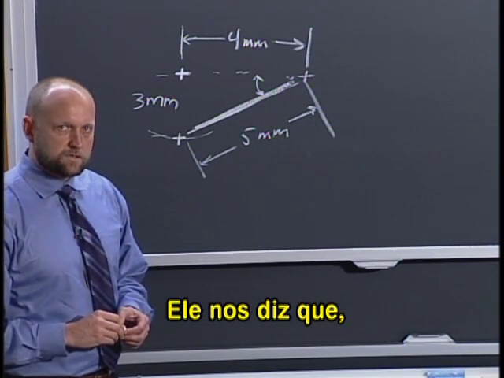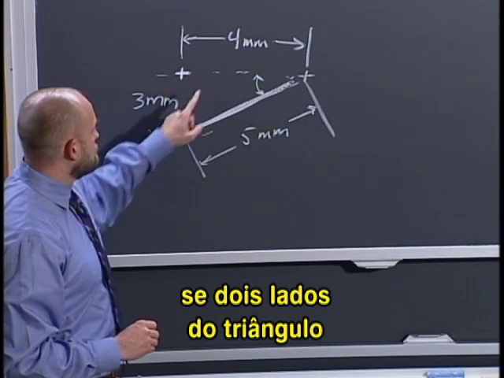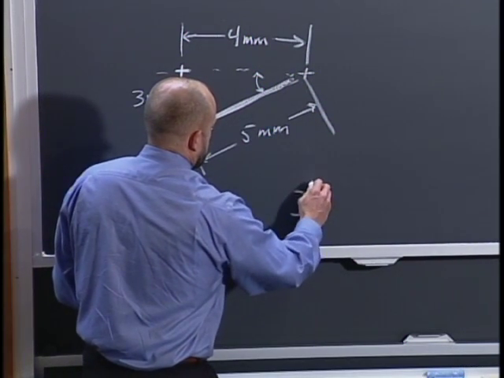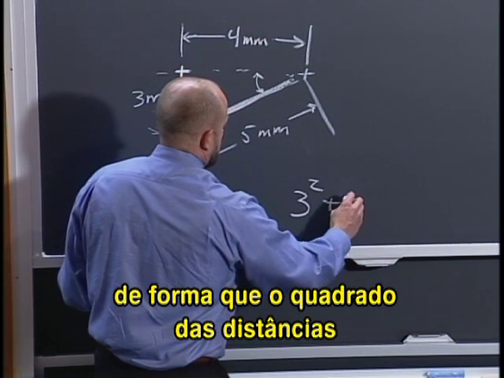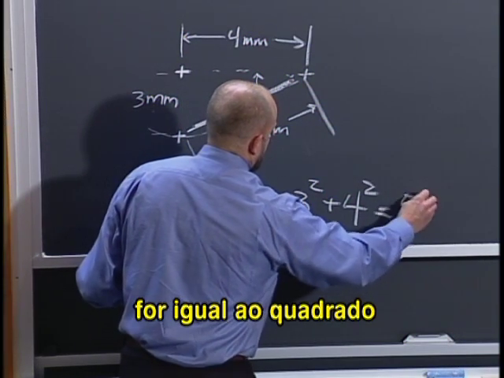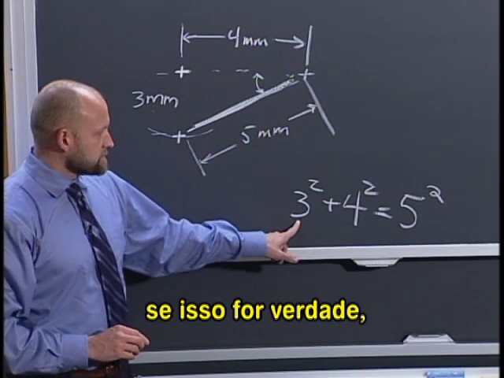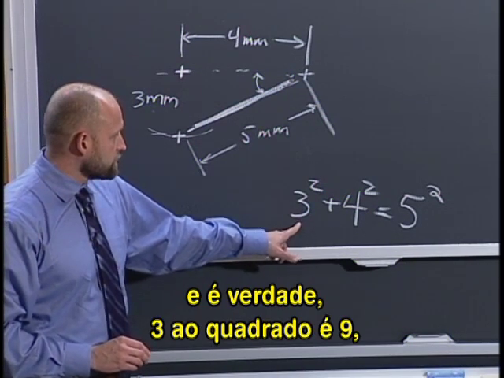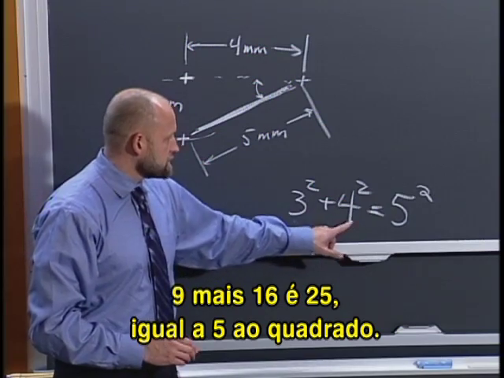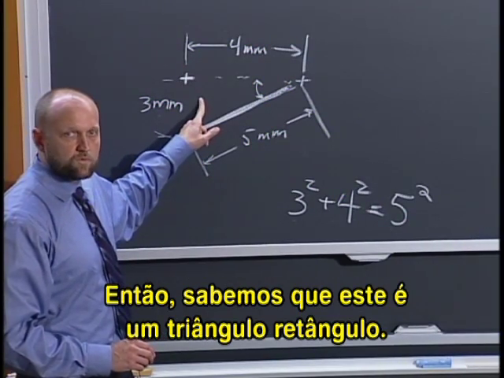What that tells us is that if the lengths of the two legs of the triangle are such that the squares of those two distances equal the square of the last leg, and that's true, since 3 squared is 9, 4 squared is 16, and 9 plus 16 is 25, which is 5 squared, then we know that this must be a right triangle.